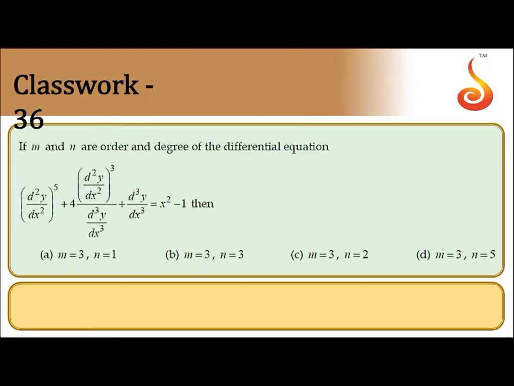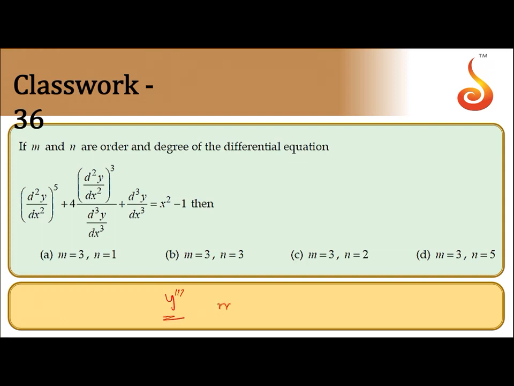The answer is 2. Coming to, if m and n are the order and degree of the differential equation, then what are m and n? Clearly you could see that d cube y by dx cube is the highest order, that means it is y triple dash, that is order 3.